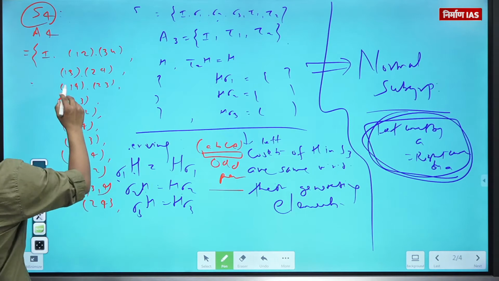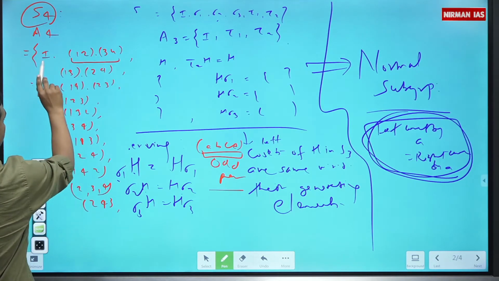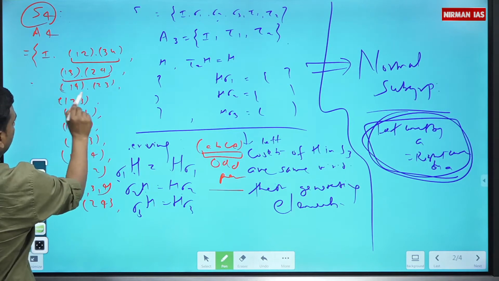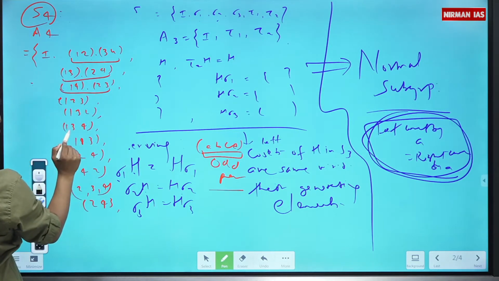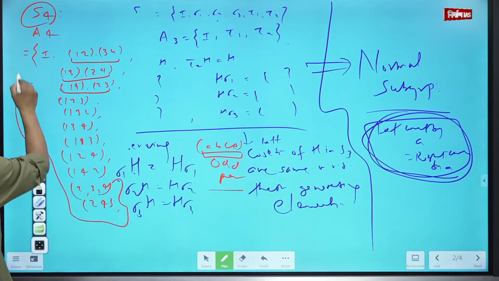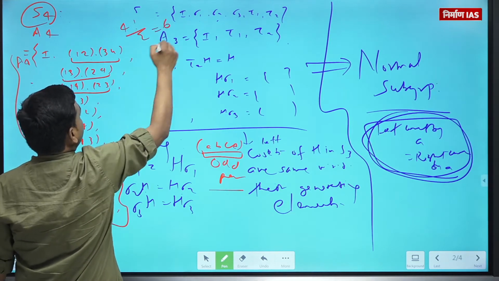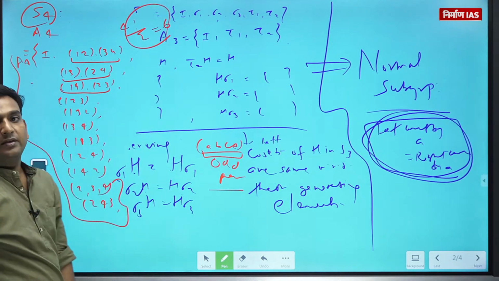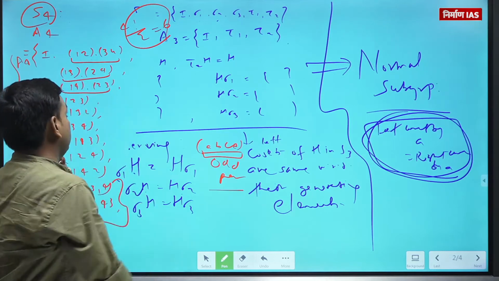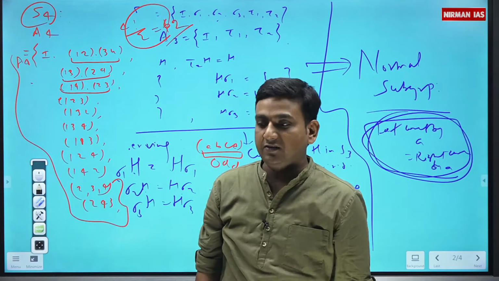Count how many elements there are: 1, 2, 3, this is one element only. So 1, 2, 3, 4, 5, 6, 7, 8, 9, 10, 11, 12. How many elements should there be in A4? Factorial 4 by 2, that is 6 only, is that clear? Sorry, 12, sorry, 12. So A4 has 12 elements.